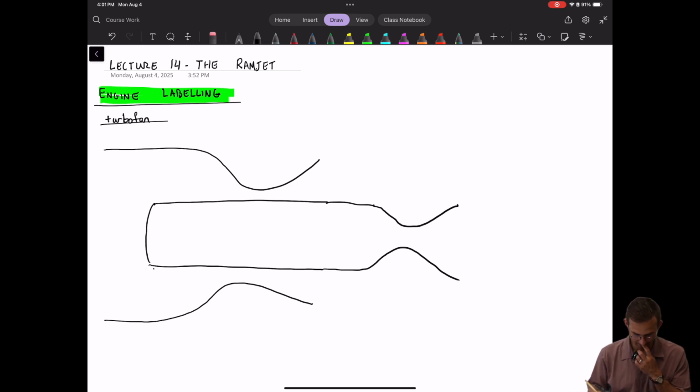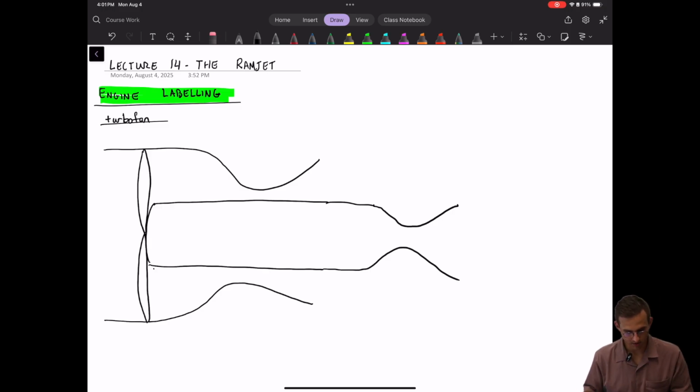And this has these big, I'm drawing these almost like big propellers, but it's actually like turbine blades.